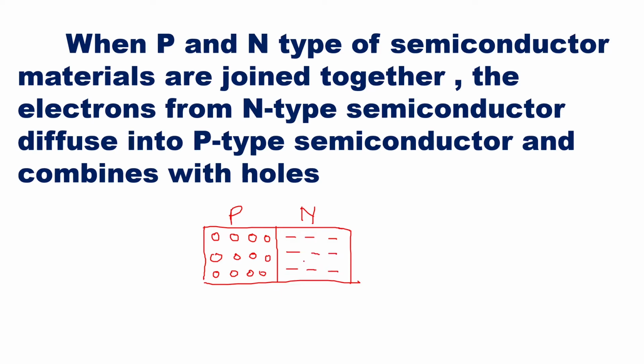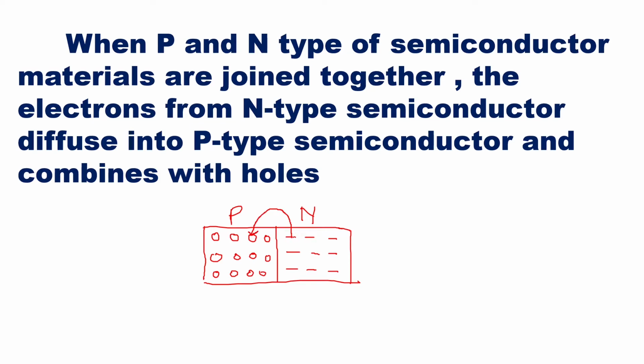And now we are going to only say that the electrons from N-type semiconductor diffuse into P-type semiconductor. This is the first step we have seen earlier also. These electrons will diffuse into P-type semiconductor and combine with holes.